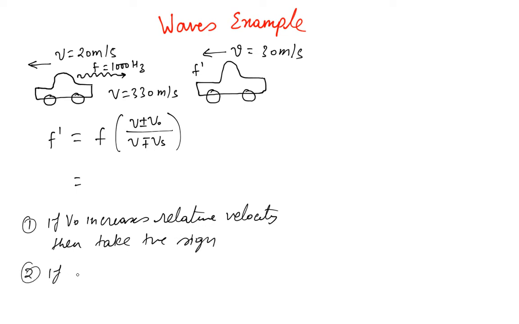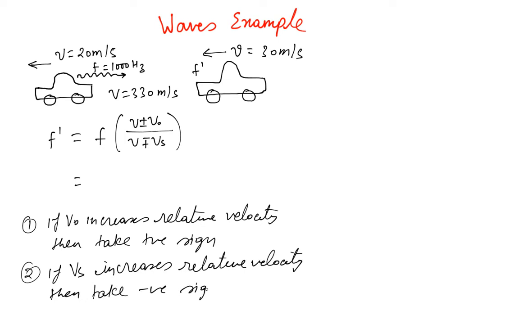Second, if Vs increases relative velocity, then take negative sign, because both of these things increase frequency. Increase in relative velocity increases the observed frequency, and decrease in relative velocity decreases the observed frequency. Okay, so police is trying to increase the relative velocity, go towards the burglar.